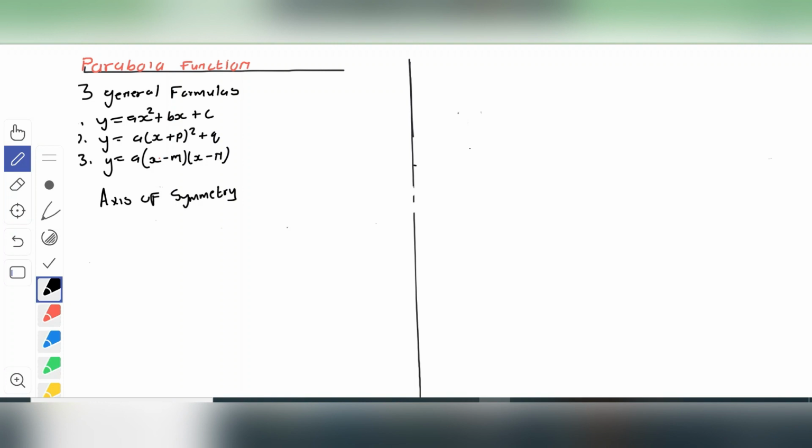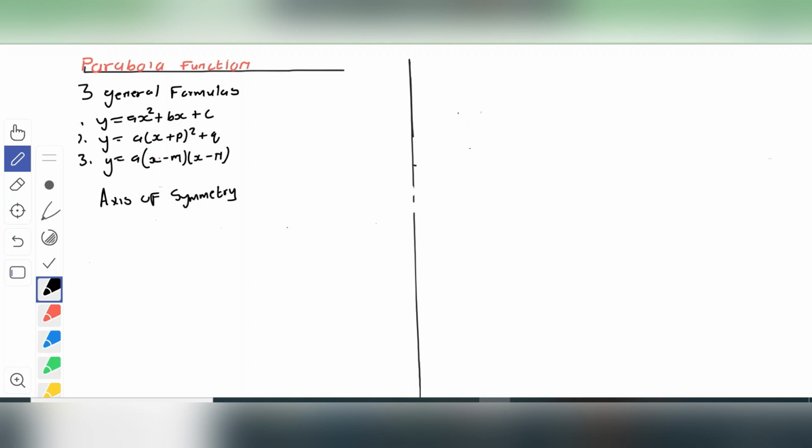Whenever they talk about the axis of symmetry, just know that they want you to calculate the x coordinate of the turning point, right? Let me repeat it again.